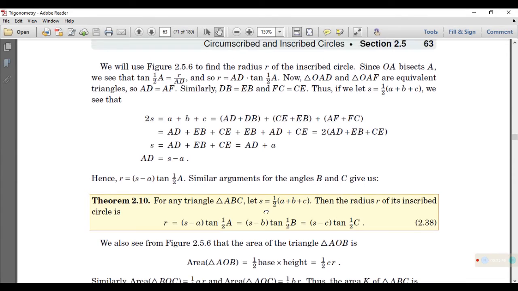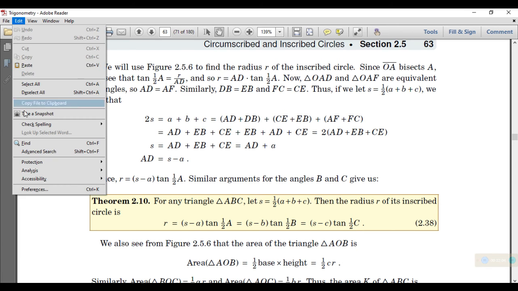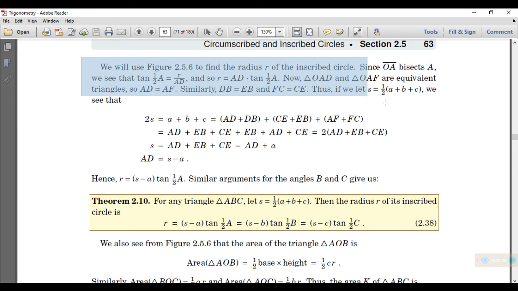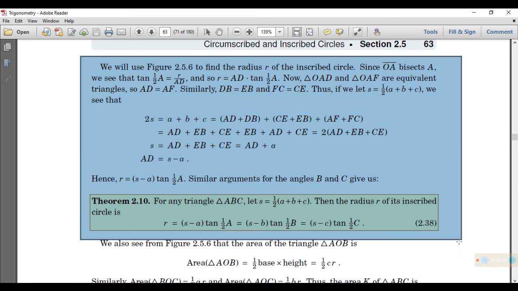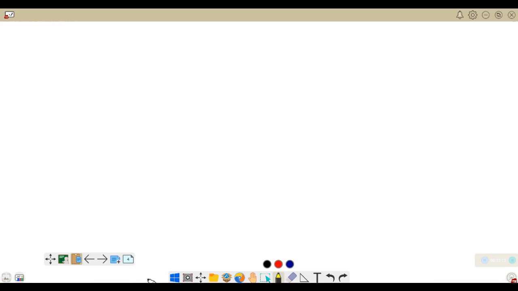Okay. So, we will now use figure 2.5.6 to find the radius R of the inscribed circle. So, paano natin malalaman yung measurement ni inscribed circle? Ikakopy ko lang to dito so that step by step, nasusundan nyo yung explanation niya.